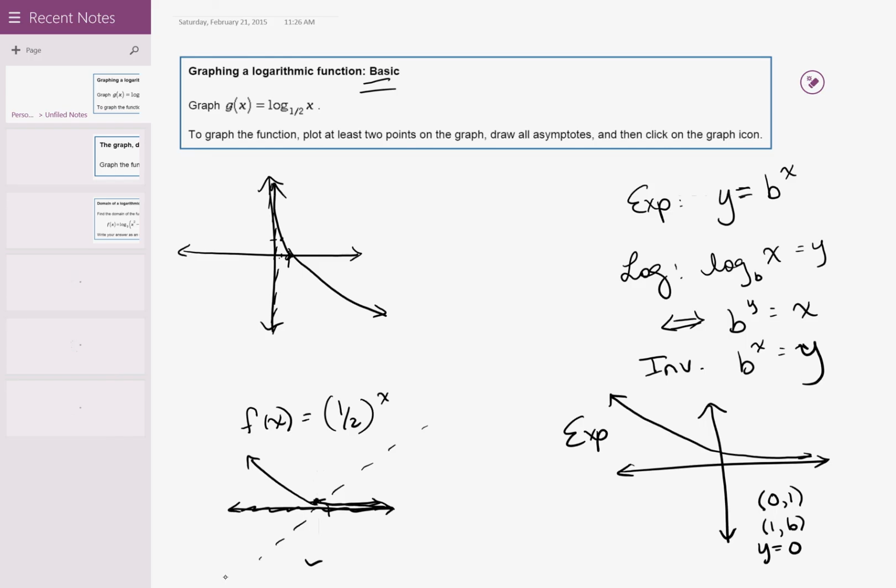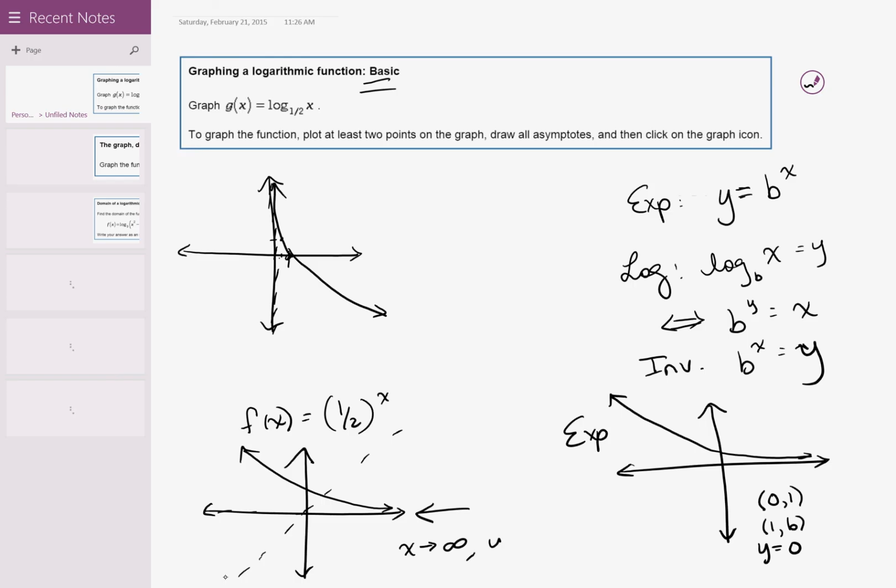So let's draw that over again. 1/2 to the x looks like this. And if I transform it, in this one right here, as x goes to infinity, y goes to 0 from above.